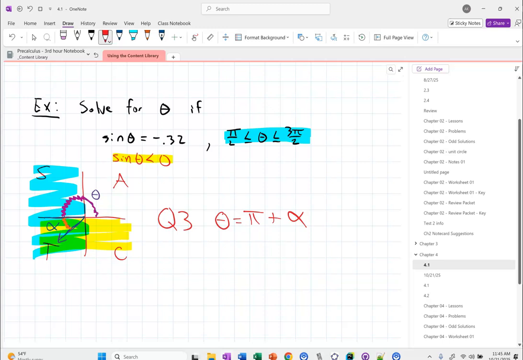So the only piece that I need then is figuring out that alpha, and then I can get my answer. Pretty good with that? Okay, to find alpha, it's just going to be sine inverse of the absolute value of the number.